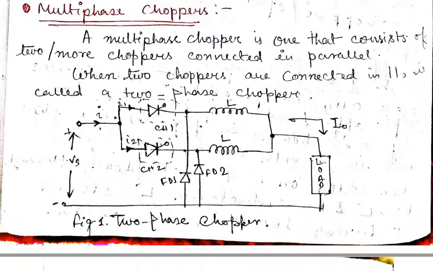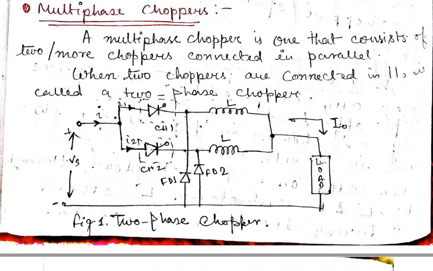But a multi-phase chopper consists of two or more choppers connected in parallel. When two choppers are connected in parallel, the circuit is called a two-phase chopper.